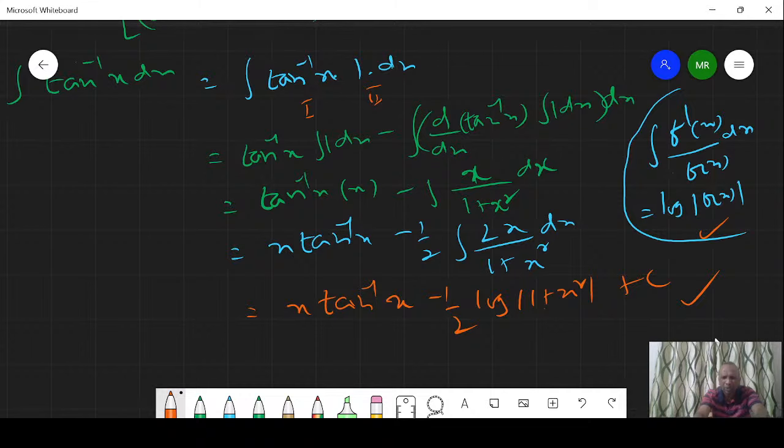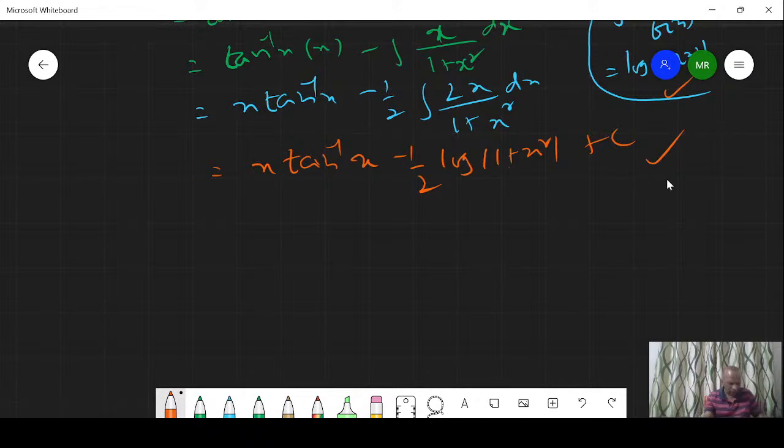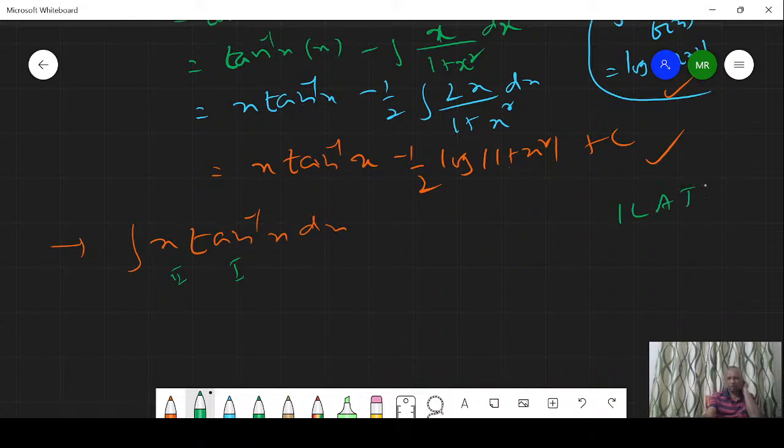You can say this is right. Suppose I complete a similar related problem, easy for you: integral x tan inverse x dx. If they give it like this, tan inverse x is the first function and x is the second function. Always remember the order: inverse, logarithm, algebra, trigonometry, exponential.